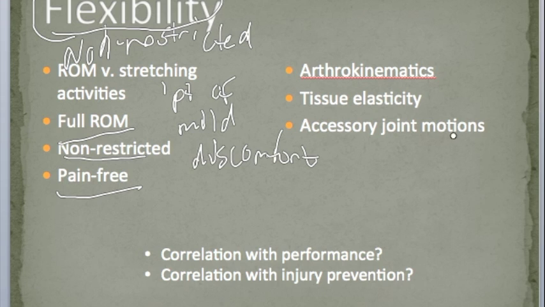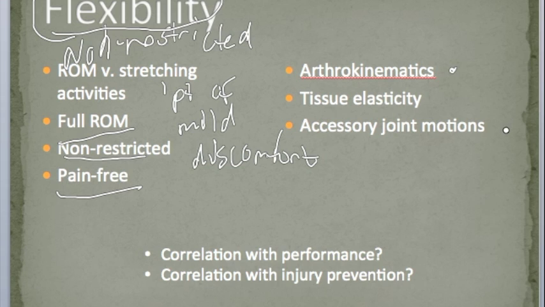The ability to move through a full, non-restricted, pain-free range of motion is going to depend on the arthrokinematics of the joint. So you have a wealth of knowledge now from DBJ about how your joints are put together. So think about, what is the shape of that joint? What is it going to look like when you're moving through the range of motion?